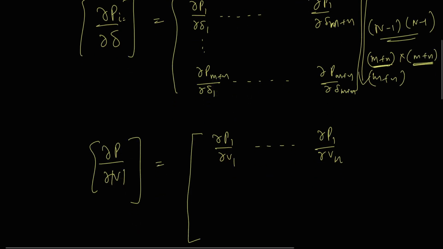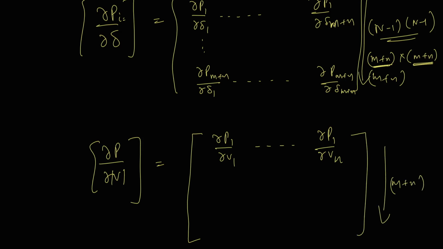Now here, the number of p's is running from 1 to m plus n, so p m plus n by v1 to p m plus n by v n. Okay, so what is this size?